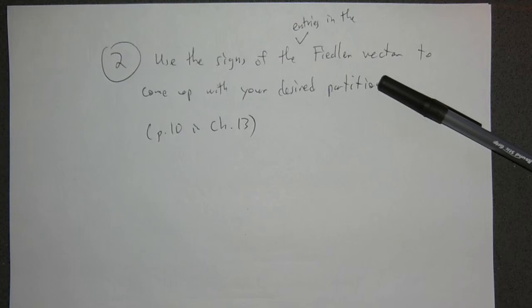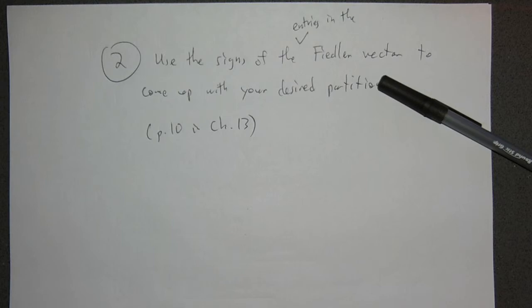Looking at that vector, the first entry, the third entry, and the sixth entry are positive. The second, fourth, fifth, and seventh entries are negative.